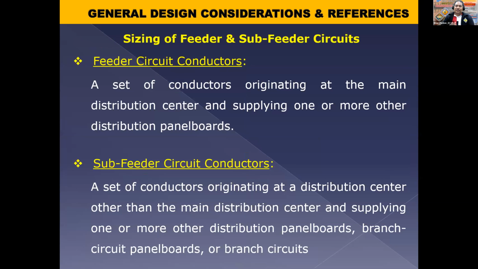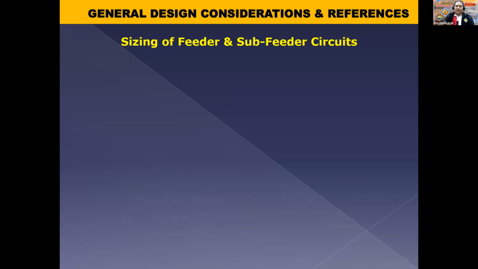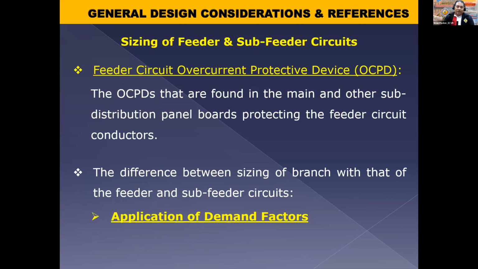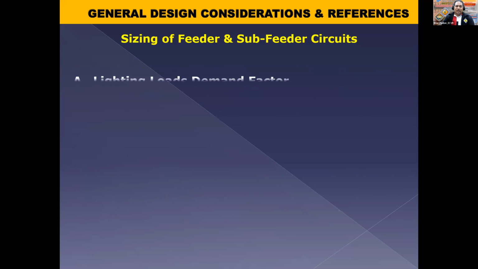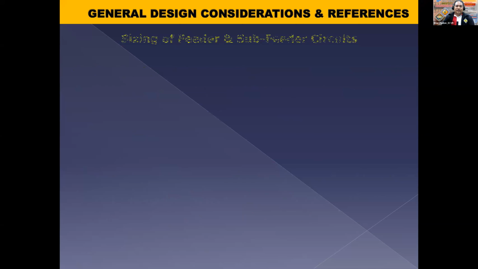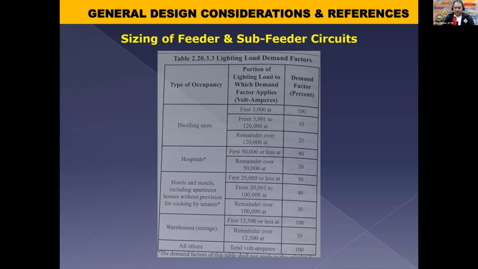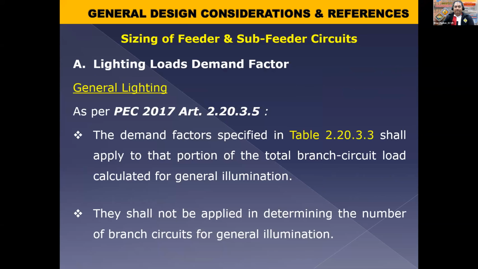Yun lang difference, na pumasok na sa demand factor, no? And then combination of all those loads na yung sa feeder natin, no? So as you can see in the equation, parehas lang talaga lahat, no? Okay. So sa demand factors, okay.